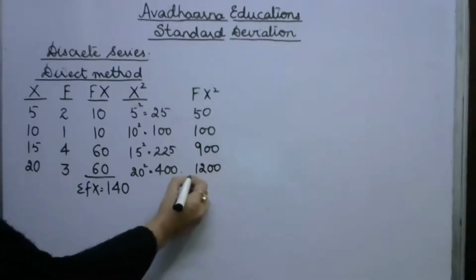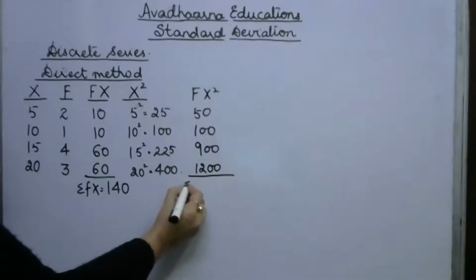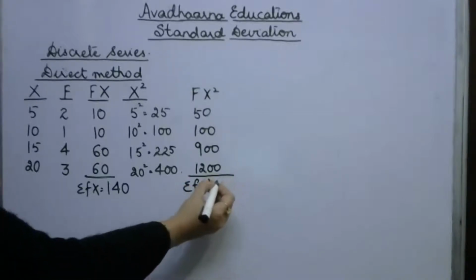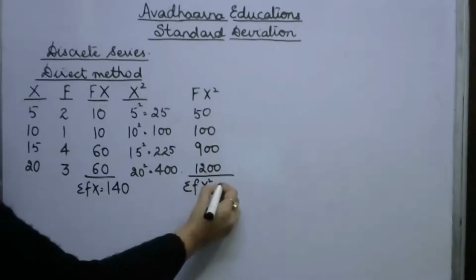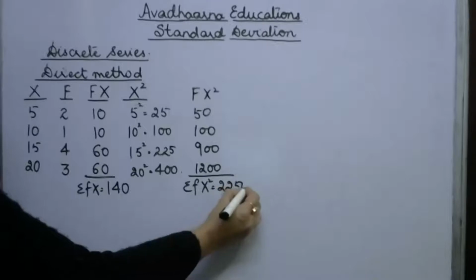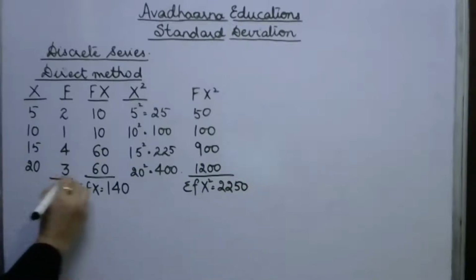So let's take the summation of fx square also. The summation of fx square is 2250. And summation of f is 10.